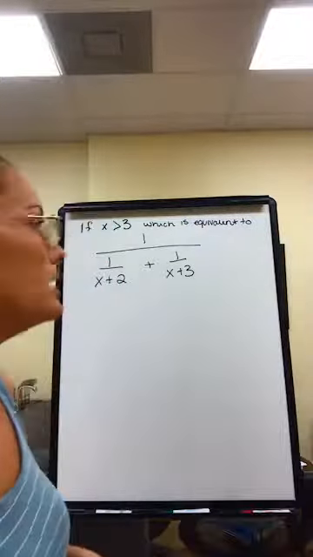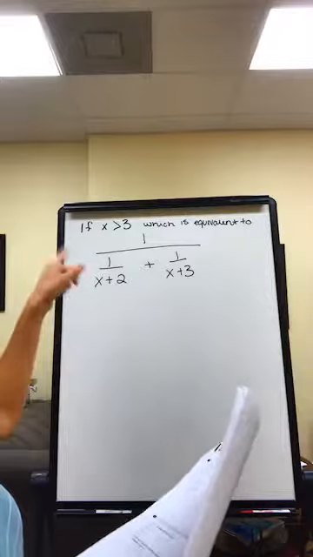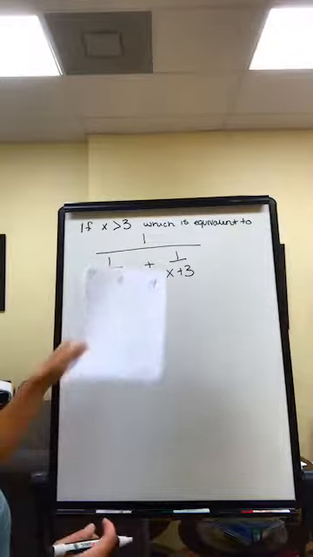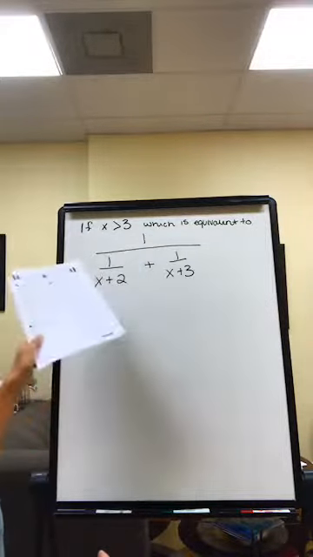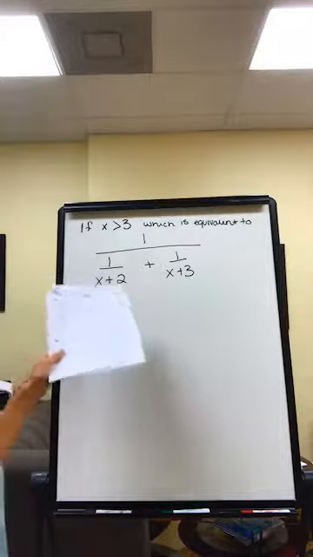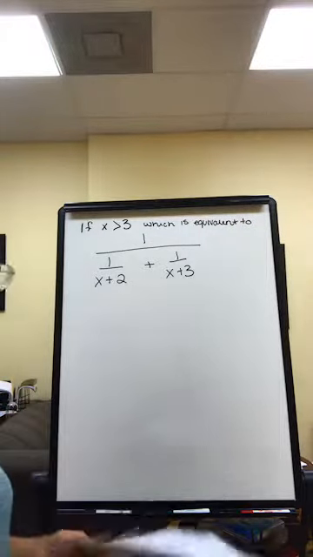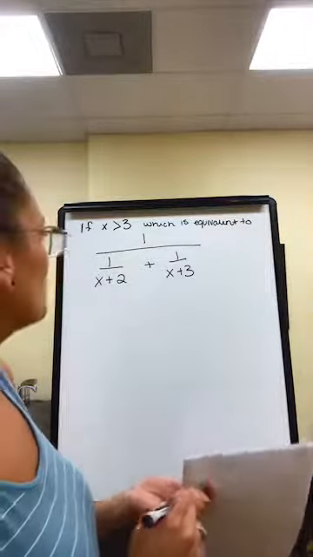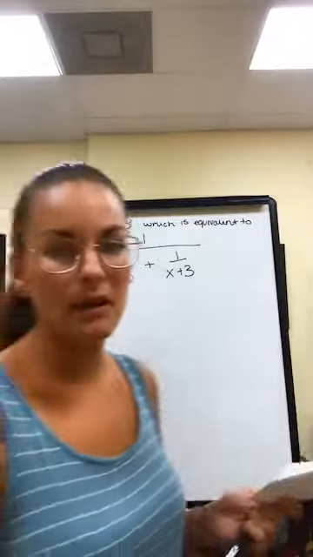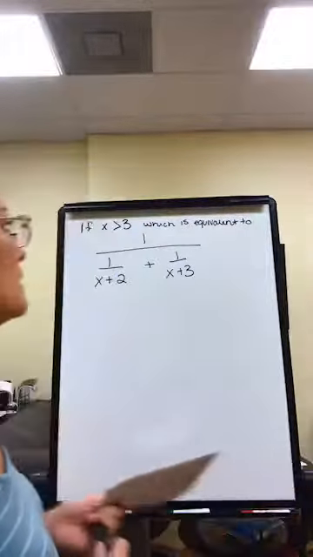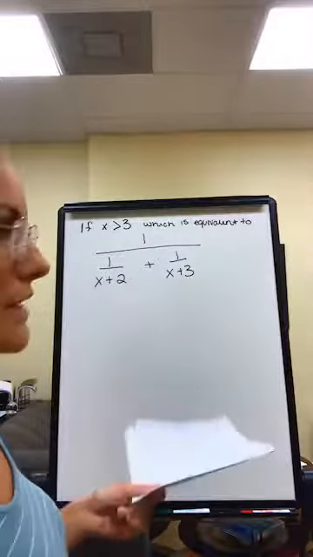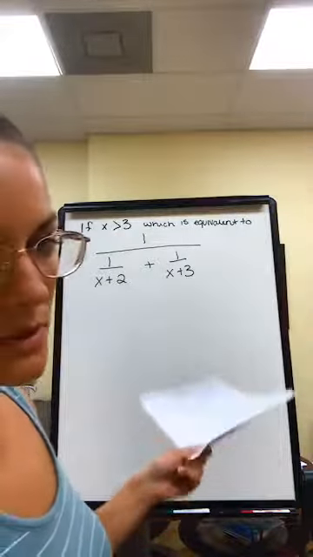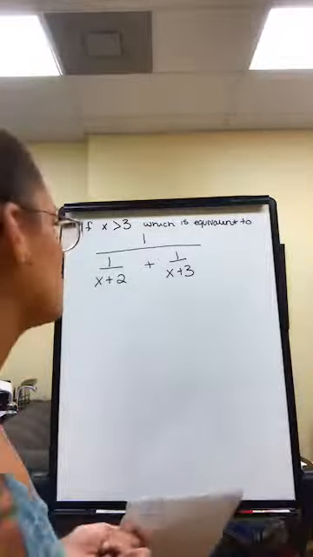It starts off asking if x is greater than 3, which is equivalent to 1 over x plus 2 plus 1 over x plus 3. So you don't really have to worry too much about x being greater than 3. We're just trying to manipulate the equation and see which one of the answer choices it matches up with.